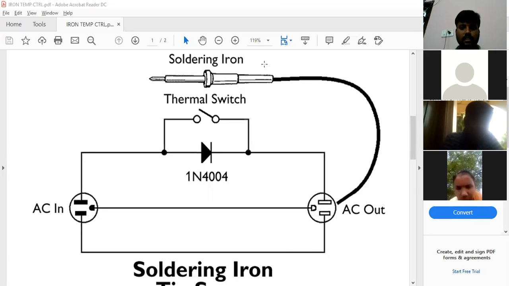The only difference is that in place of the incandescent light, we are placing the soldering iron. AC input is there, and there is no switch mentioned here, S1 and S2.